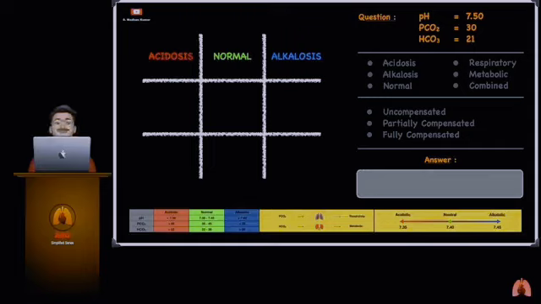Here pH is 7.50, which is alkalotic, so mark the pH under alkalosis column. PCO2 is 30, which is alkalotic, so mark it under alkalosis column. HCO3 is 21, which is acidotic, so mark it under acidosis column.